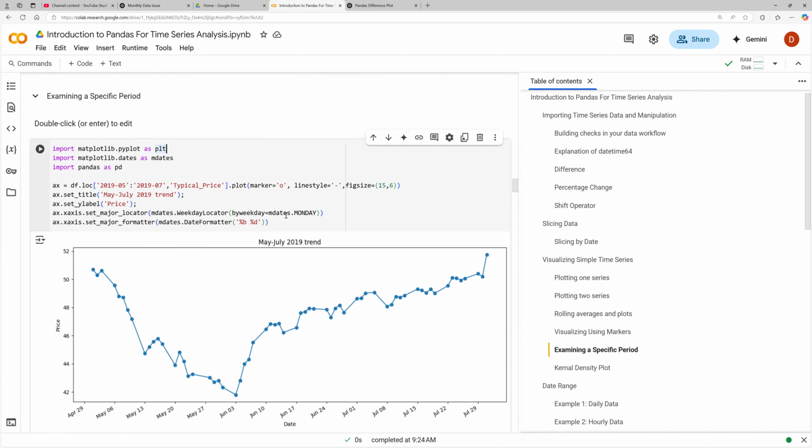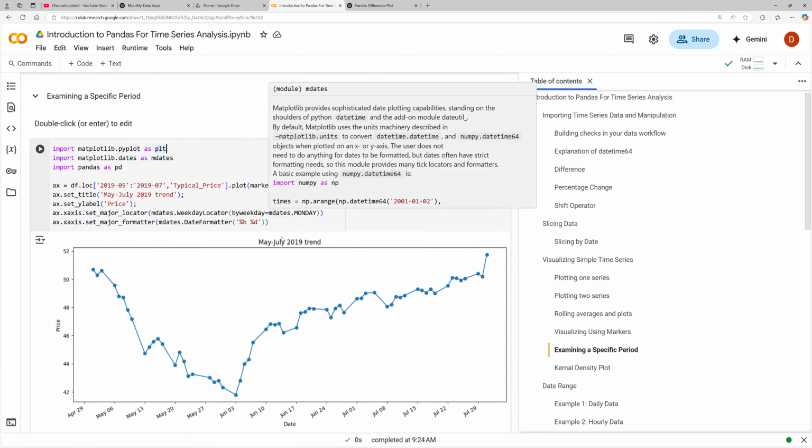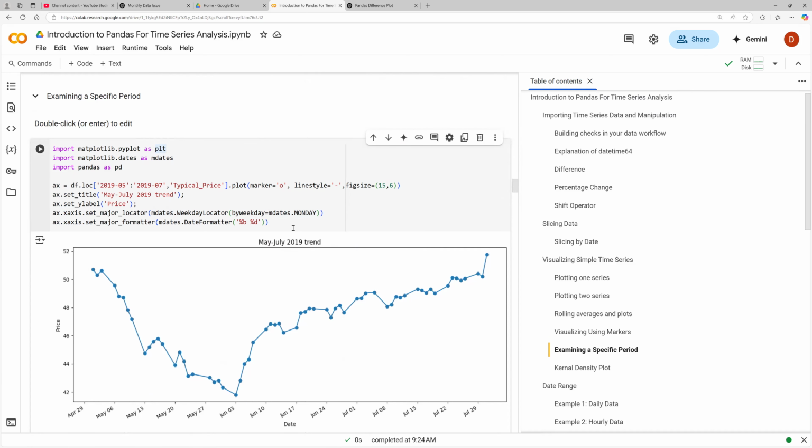But if you take it every other week and you zoom in on a particular time period, it could be useful. This %B here is month, and this %d here is day. You could see it jumps from week to week, and this would be every Monday. We see the decrease here, and then we see the bounce back at June 3rd when we zoom in.